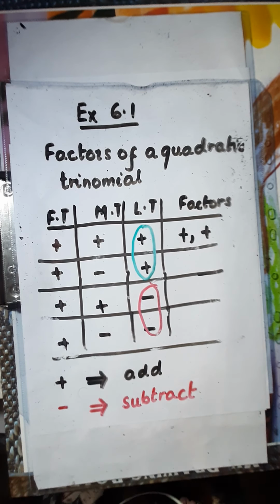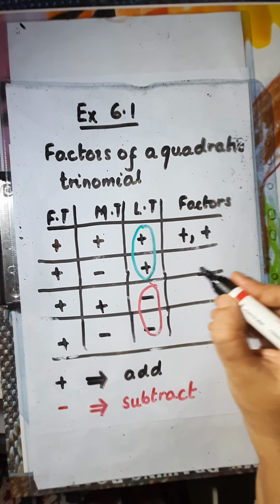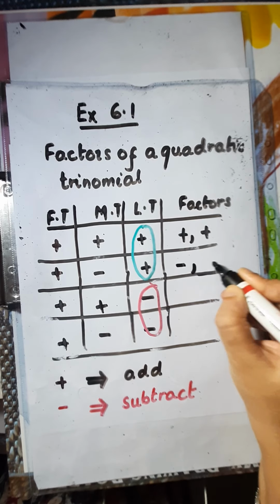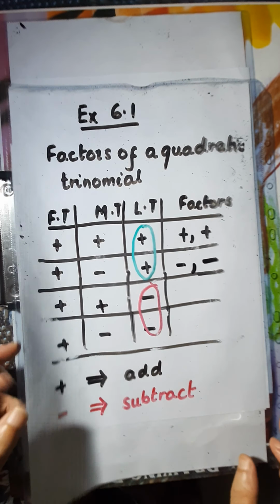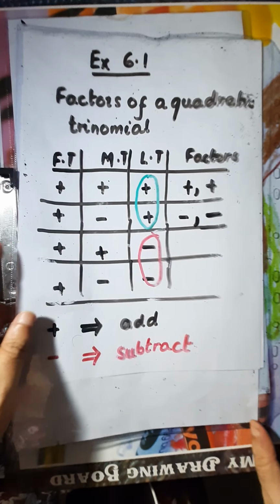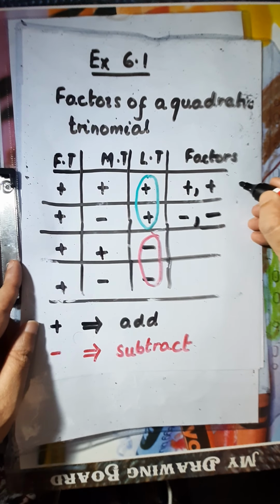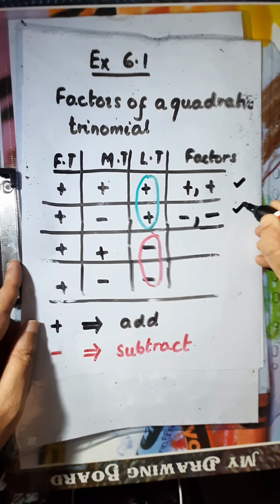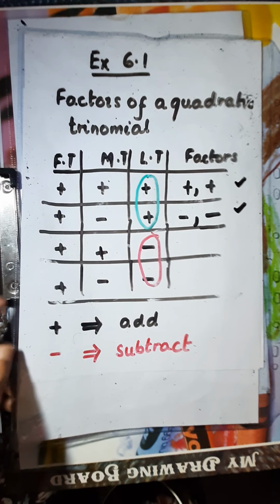Because it is plus, I have to add to get the middle term. That is for sure. But my factors will be both minus and minus. Both minus and minus. Okay. So, you revise this one. So, we finished this type. First type we finished. Now, we are going to do the second type. Okay. In the next class, we will do the third and the fourth type.